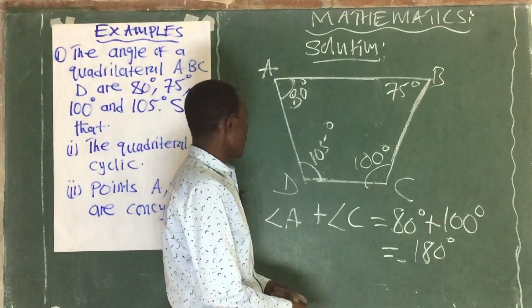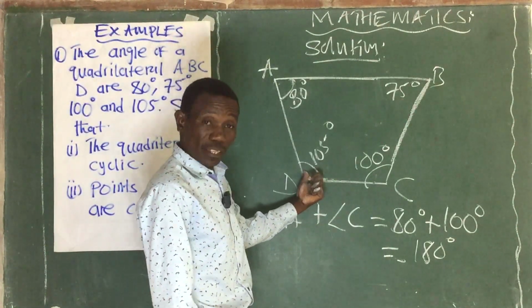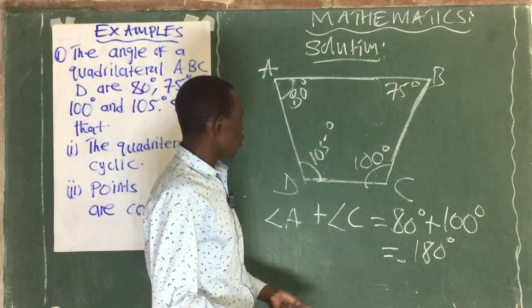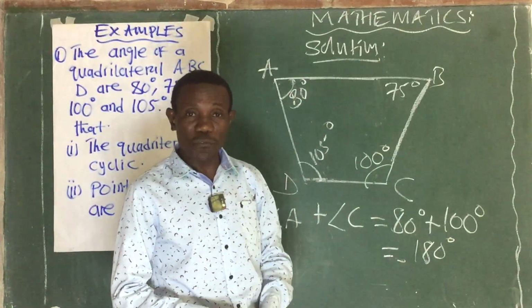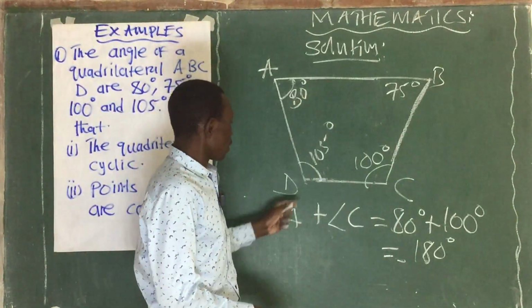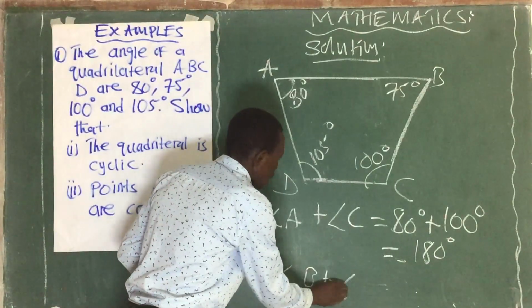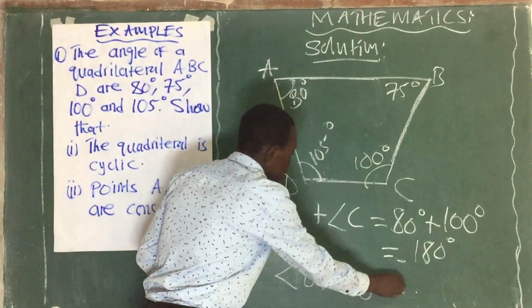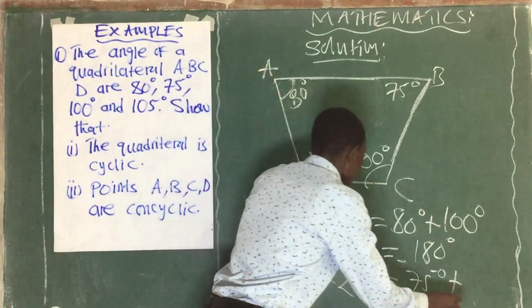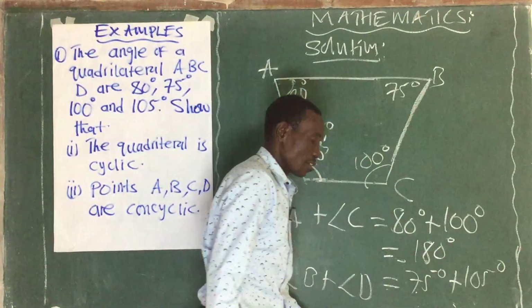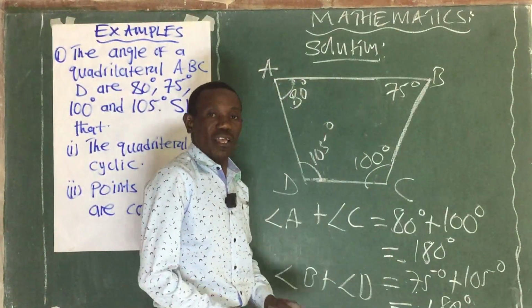The same way, if you check these other angles, this one and this one, which are opposite to each other, you find they are the same as the first pair of opposite angles. Angle B plus angle D is 75 degrees plus 105 degrees, and what we get here is 180 degrees.